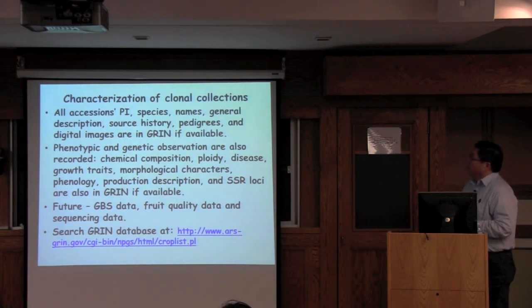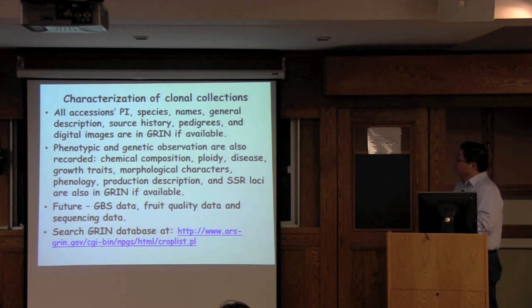We've done a lot of characterization for the collections we have. Basically, all the accession PI numbers, species names, the varietal name, the general description of the material, the source history, the pedigree if available, and a lot of digital imaging are all stored at the GRIN database.